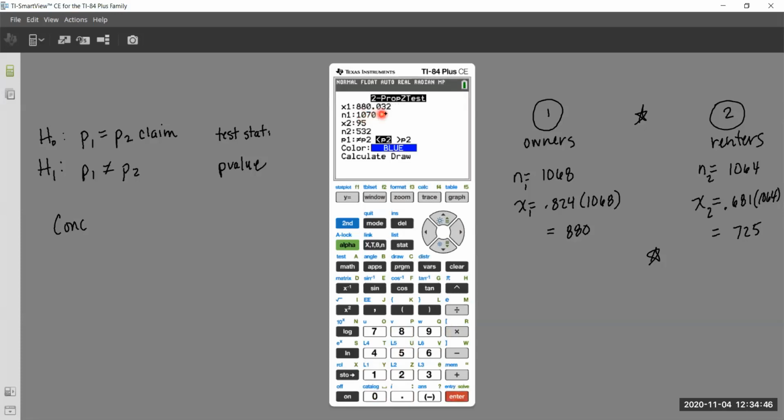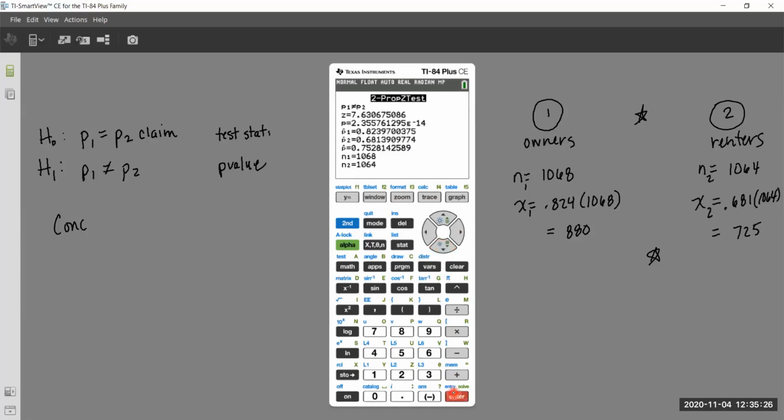And there's your 880.0. Just overwrite it, 880. So that's an option. If you don't want to do it that way, you can always do it by hand like we did on the prior notes sheet. Renters, let's see. X2 is 0.681 times 1,064. 724.5. So this is going to be 725. And this amount is 1,064. We have a not equal on this one, so a two-tailed test.